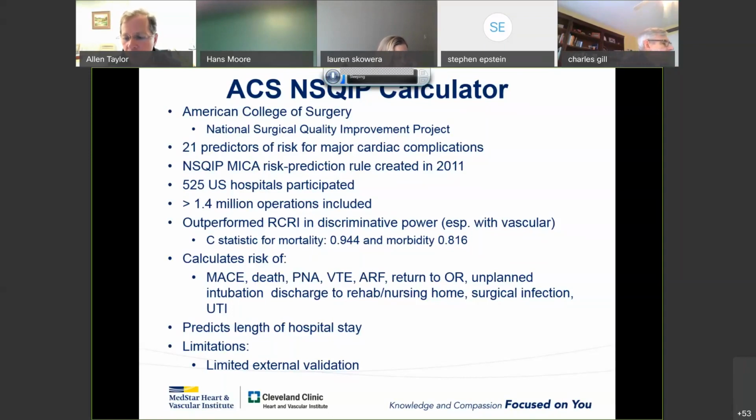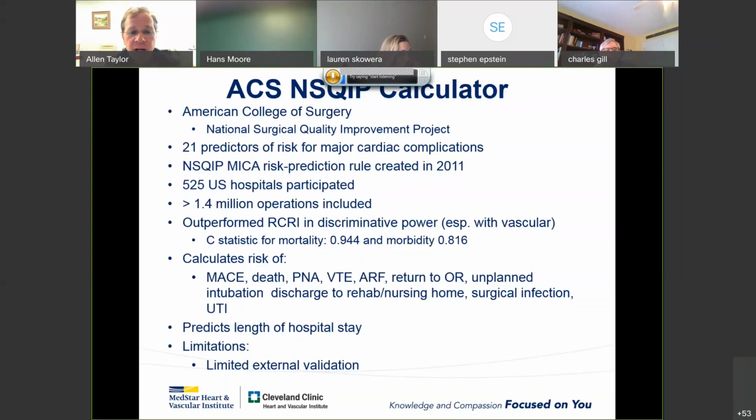Now, keep in mind the derivation and the validation sets of the RCRI included fewer than 4,000 patients. And so think of that: 4% of the world's population has a non-cardiac surgery every year, and we're using a risk tool, RCRI, that was developed in 4,000 patients.